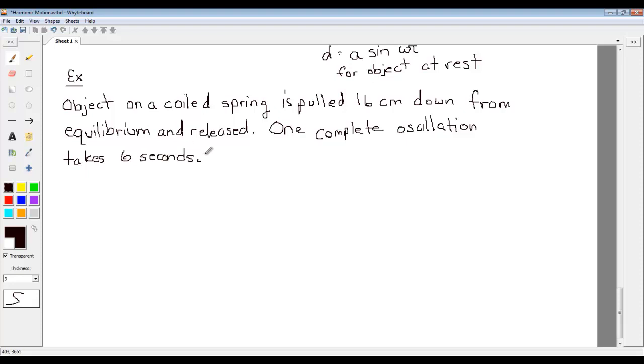Alright, so let's give the equation first. Give the equation that models the object position at time t.